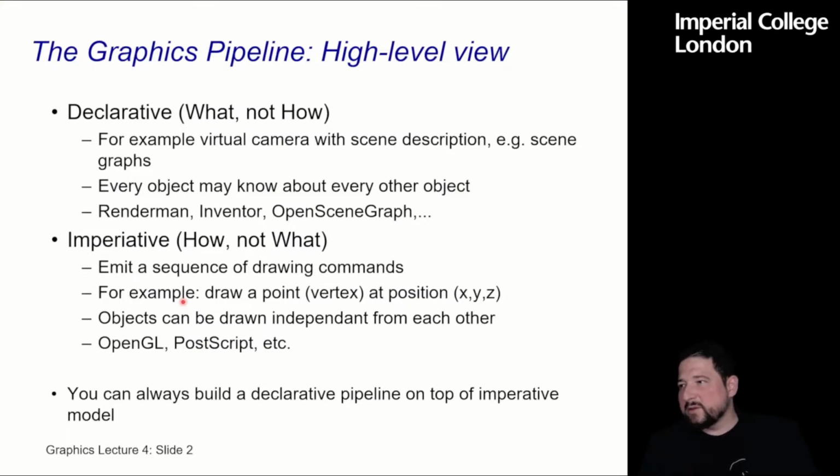As I said, you can always build a declarative pipeline on top of an imperative model. So probably what we do mostly in this lecture are imperative models. OpenGL, in fact, more specifically GLSL, which is a shading sub-language piece of the OpenGL API.